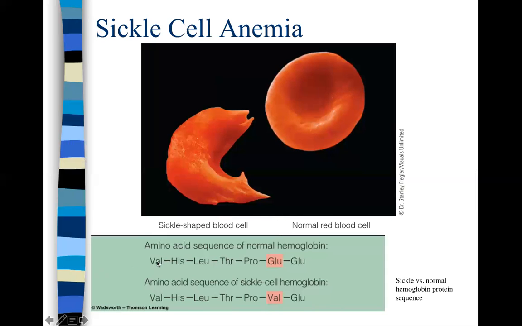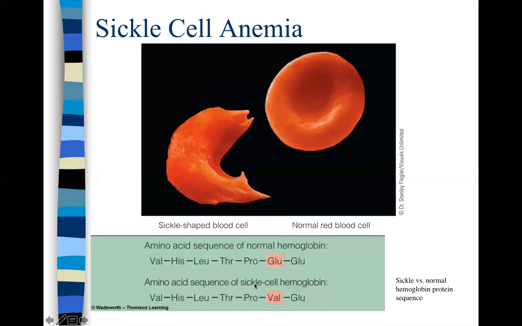Normal hemoglobin is coded by valine, histidine, leucine, threonine, proline, and I believe this is glutamate or glutamine. However, in sickle cell anemia, this is glutamic acid, sorry. In sickle cell anemia, instead of one of these glutamic acids, you have a valine instead.